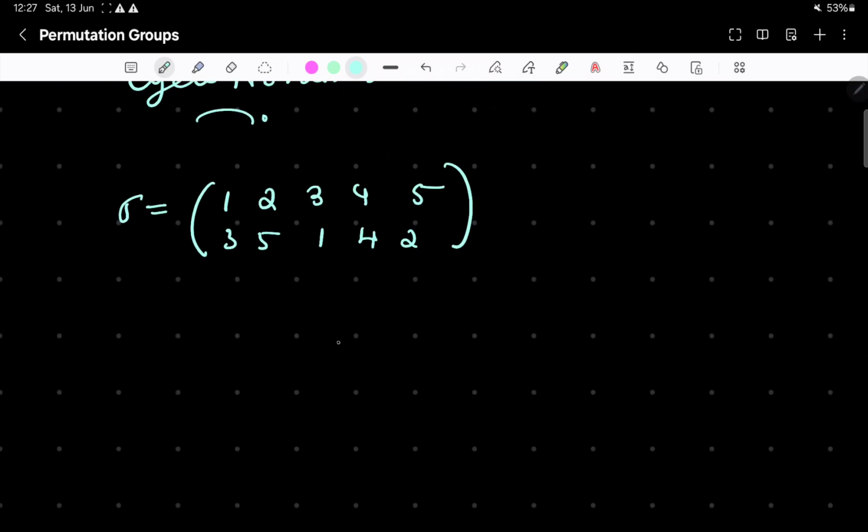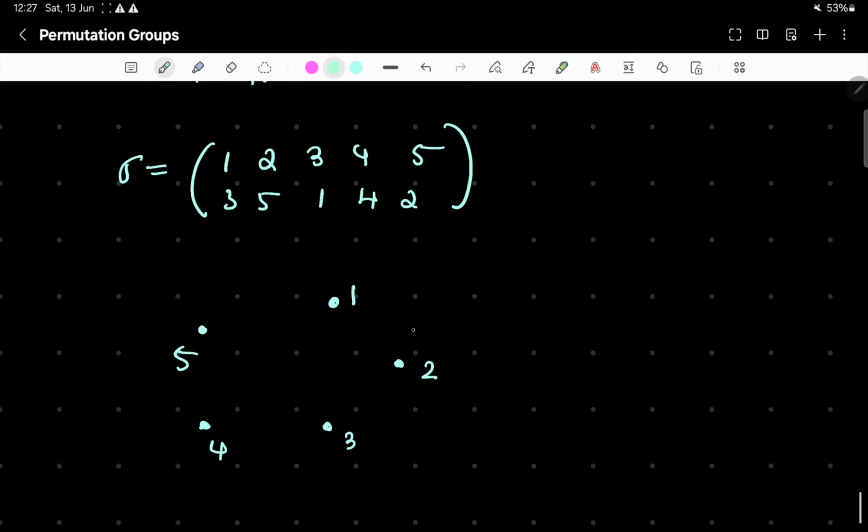For the graph, these are the elements 1, 2, 3, 4, 5. Now let's try to map from the permutation. So 1 goes to 3. Now 3 goes to 1. So that actually completes that cycle.